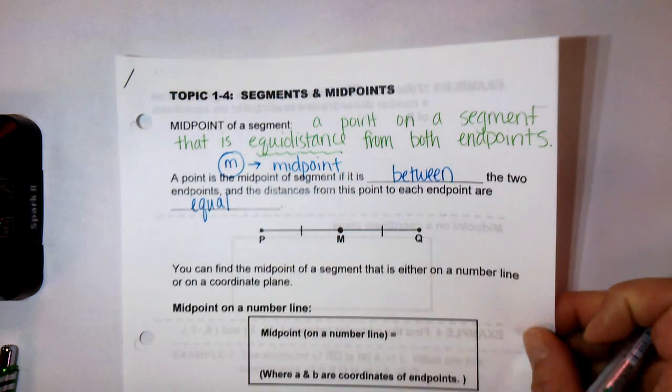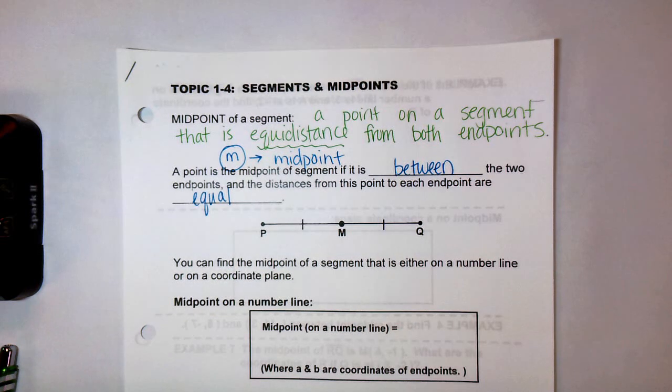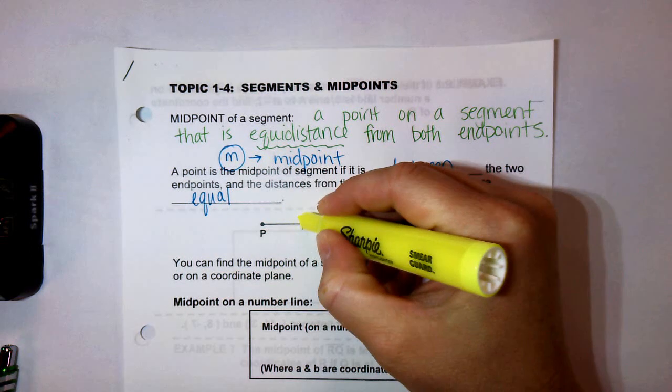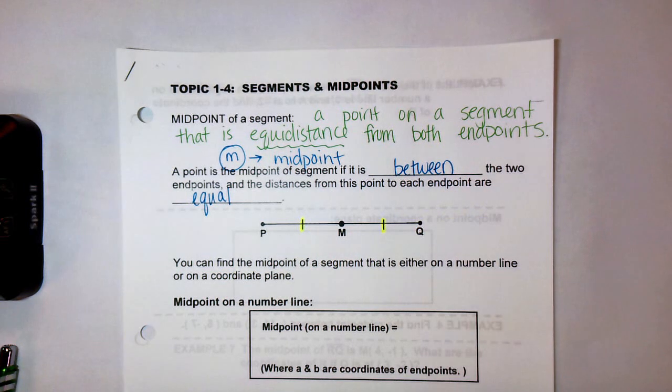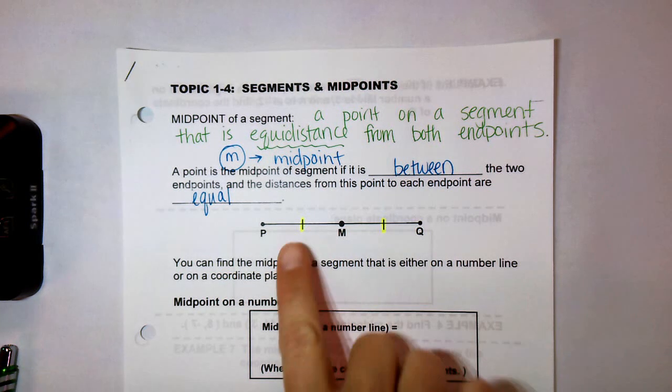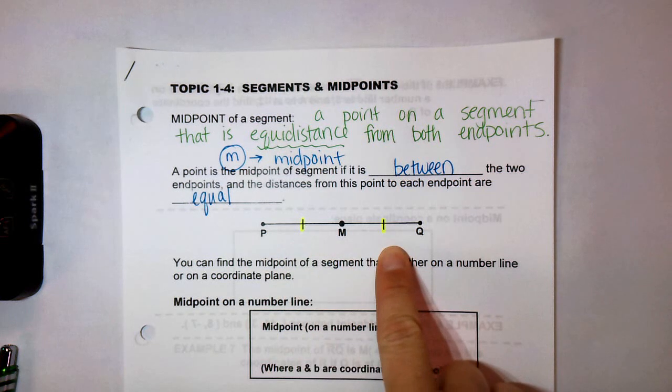So in math, remember I told you we're working with pictures, so we're going to have a lot of symbols and things like tally marks that mean stuff on pictures. If we have these little tick marks on our segments, those indicate that the left side is equal to the right side.